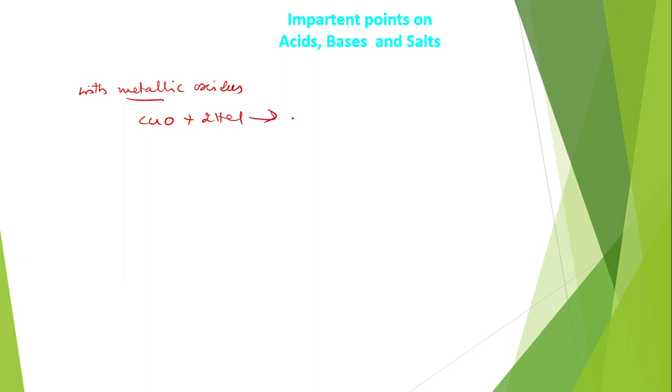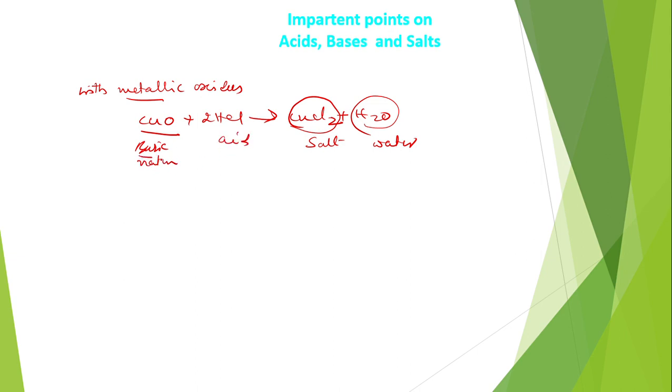So you will get CuCl2 plus H2O. Just you see this, this is a salt, this is water. So that means this is basic in nature, this is acid. Now you see, base plus acid, you will get salt and water.